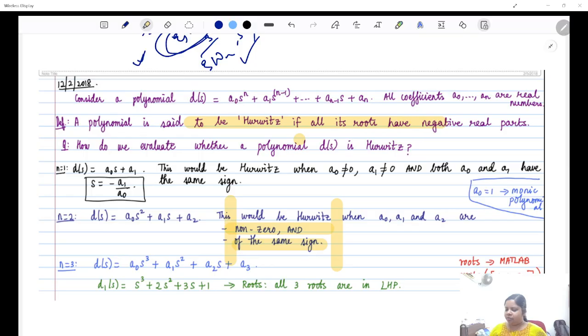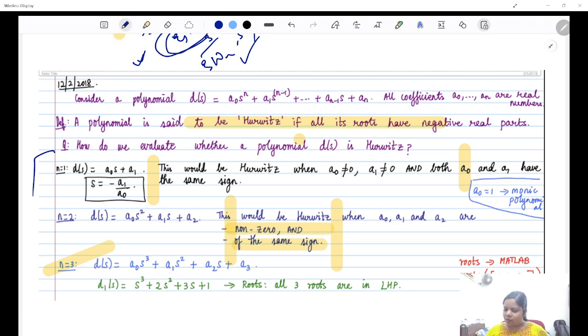So we know that this stands for first and second order systems. It is very easy to say that for having the poles in the left half of the S-plane, the characteristic equation should have non-zero coefficients, and all the coefficients should be of the same sign. That's it, right? Let's move to the third order system, because the problem starts from here.